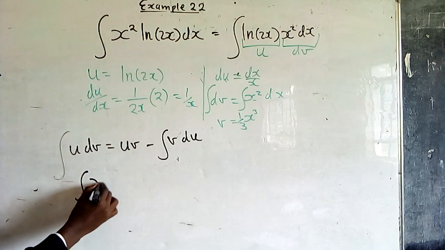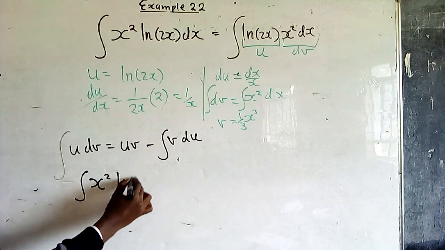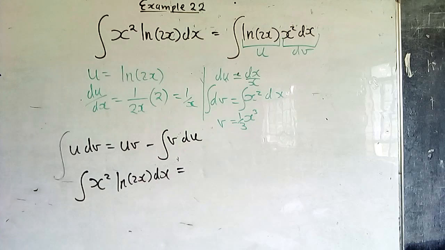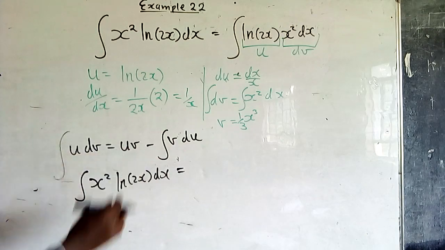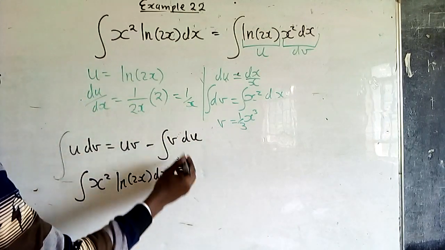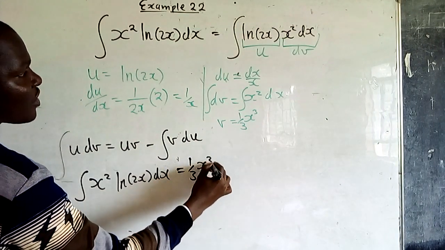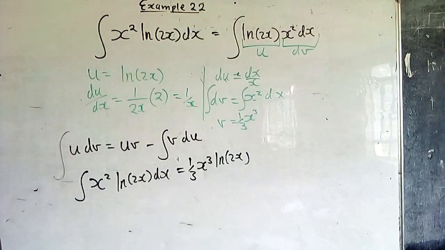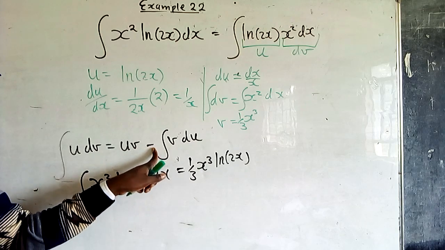The original problem, which is x squared ln of 2x dx, which we arranged in that order. To give us uv, multiply u by v: u times v is a third x cubed ln of 2x. Then it is minus the integral of v du.